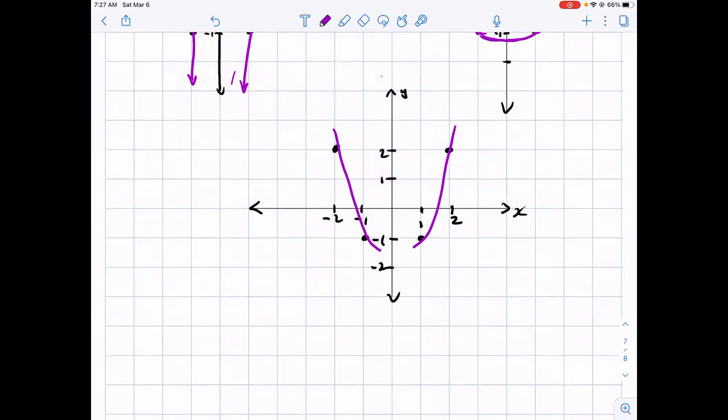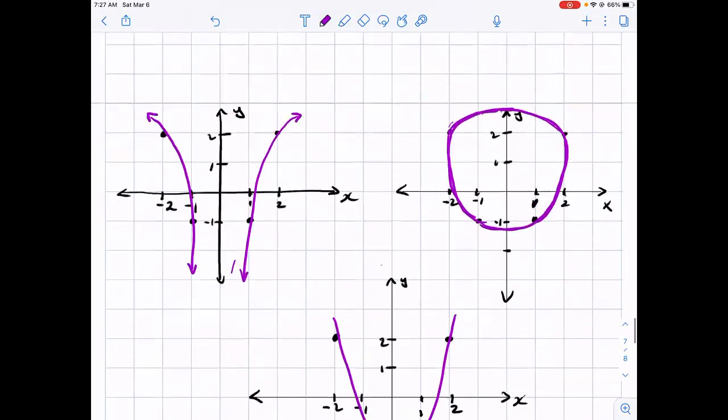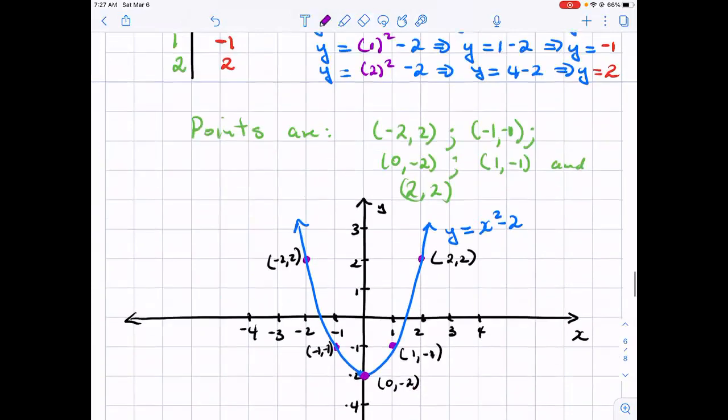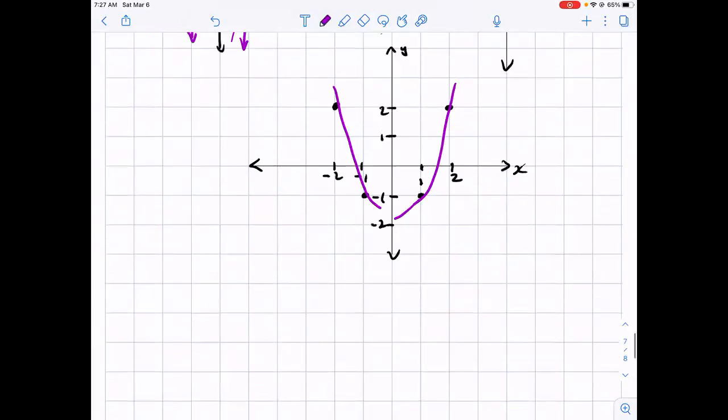What was my equation? -2. So this should have come down to -2. So this is one of the problems that we see with these graphs, where we said there are shortcomings to it.